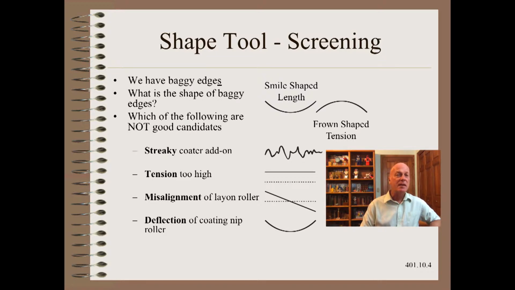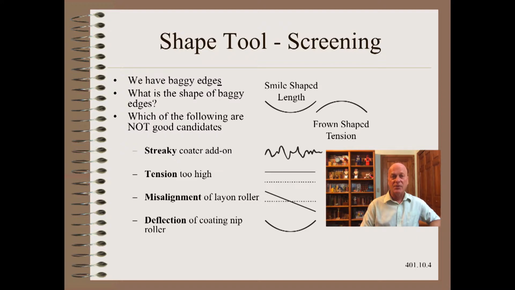Similarly, misalignment is taper-shaped. A single misaligned roller in no way makes a smile or frown shape. Yes, the reader might superpose two misalignments in opposite directions, but such explanations are not parsimonious and thus not appealing, even if possible.